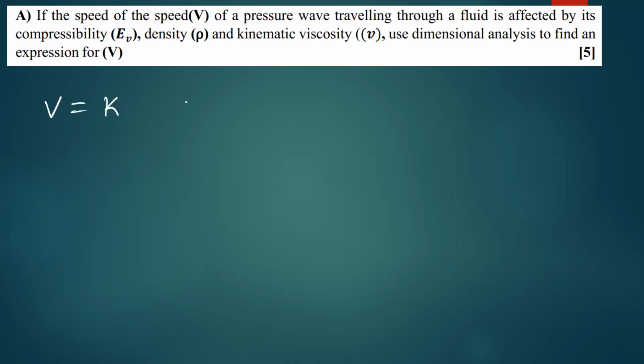Then they are telling us it's affected by the compressibility, which is E subscript V, and then the density, which is rho, and then we also have the kinematic viscosity, which I'm going to write like this so that at least it's different from this other V. And then they're asking us to use dimension analysis to find the expression for V.